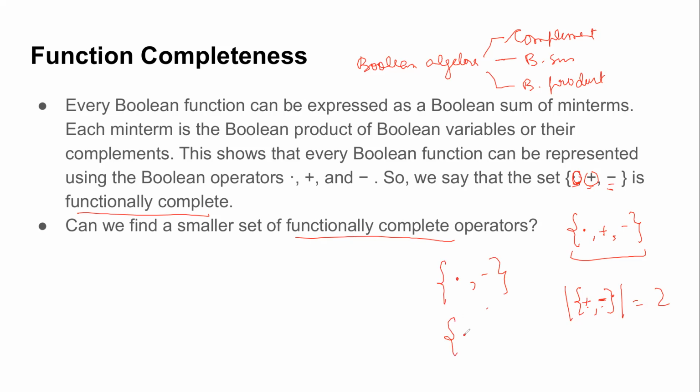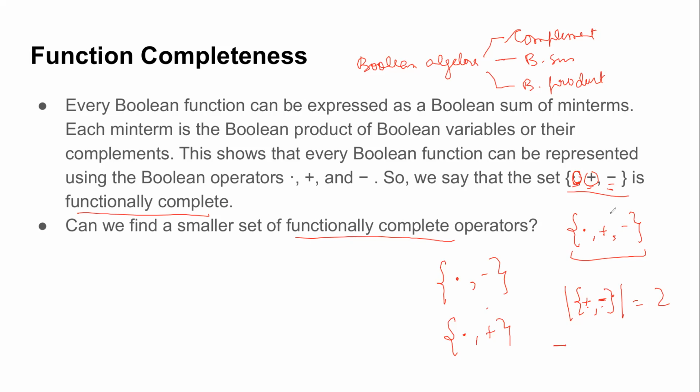Similarly, if I take Boolean product and Boolean sum, it should be able to do complement as well. So whichever is the missing operator, the given operators should be able to do that job. So is there any set, do you think, which is functionally complete and smaller than the size of 3?